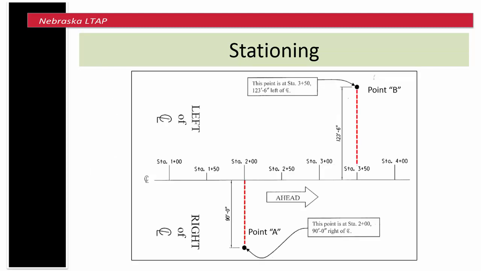As this diagram shows, point A is at station 2 plus 00, 90 feet right of the center line. Point B is at station 3 plus 50, 123 feet, 6 inches left of the center line.